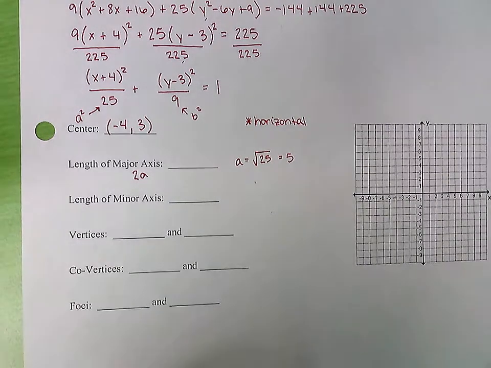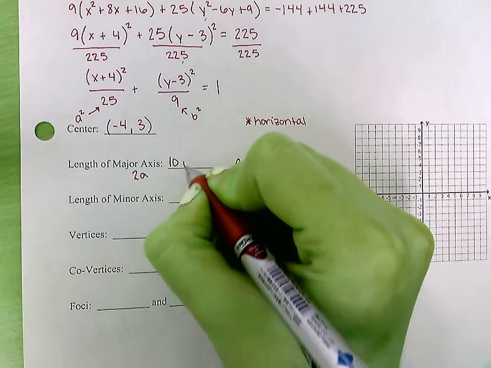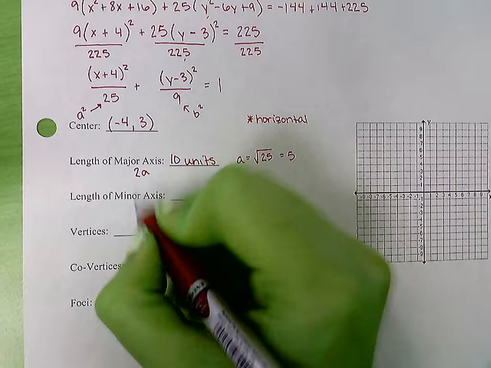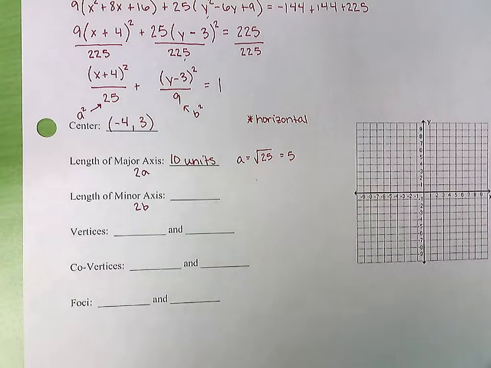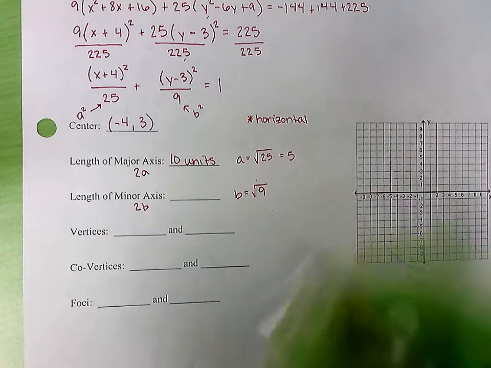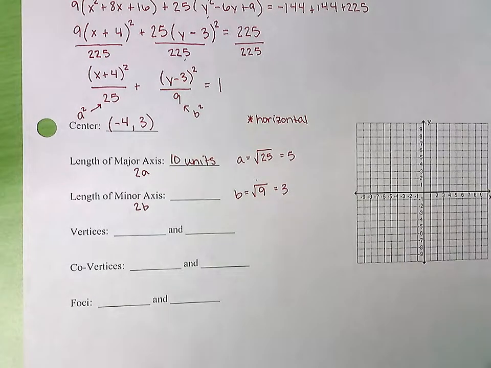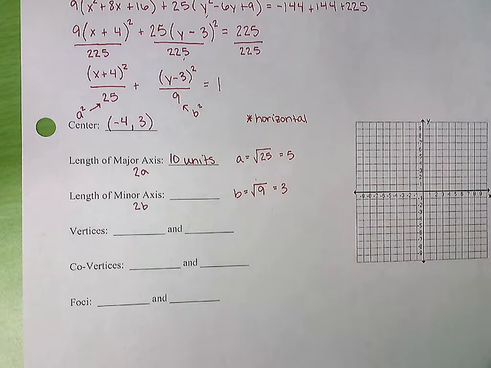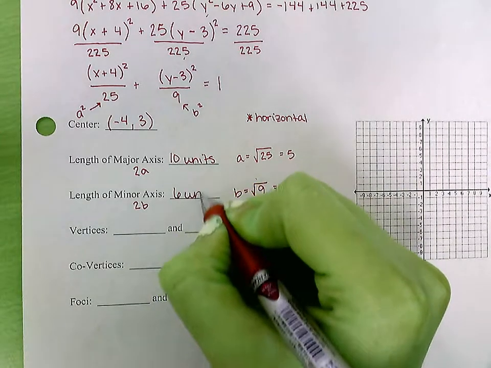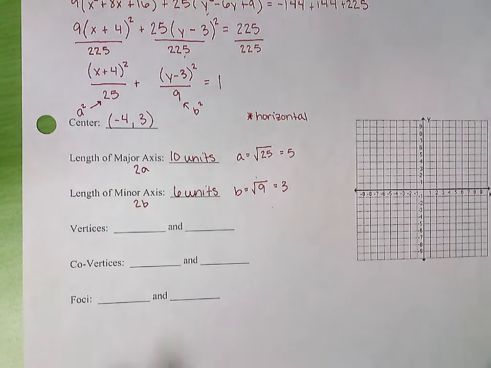So your major axis is 10. My minor axis is 2 times b. So to find b, we'll take the square root of 9 to get 3. That will make that 6 units.